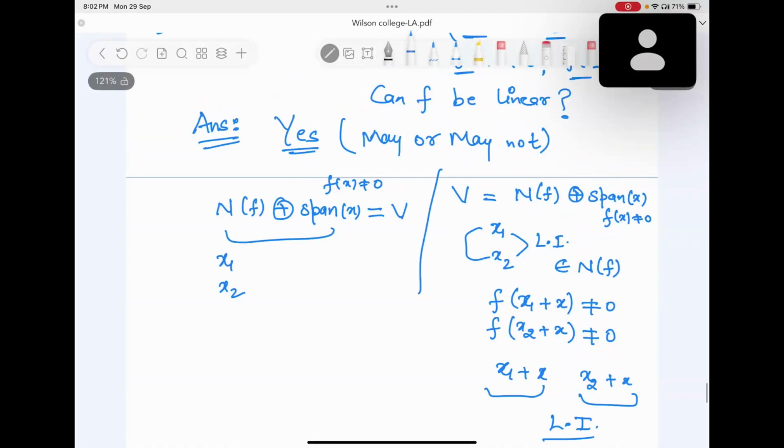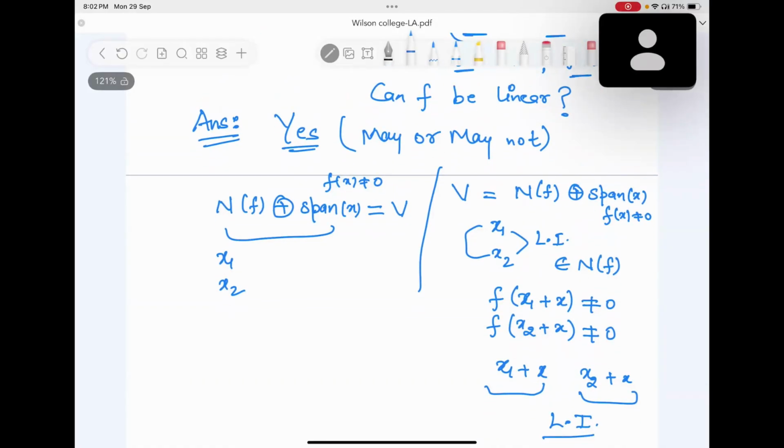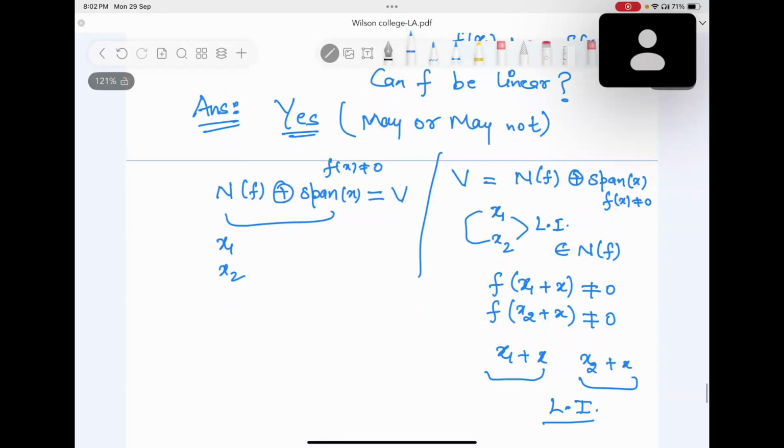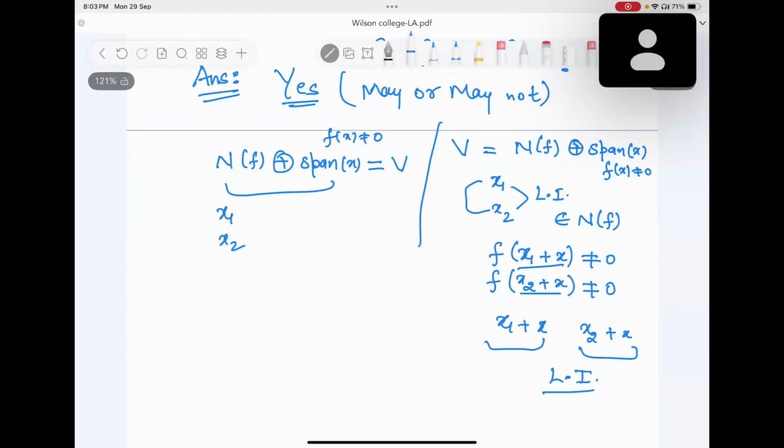And if it is given that we are choosing x1 and x2 which do not belong to the null space, then it cannot be possible. So these two elements are not in the null space. Here x1 and x2 belong to the null space.